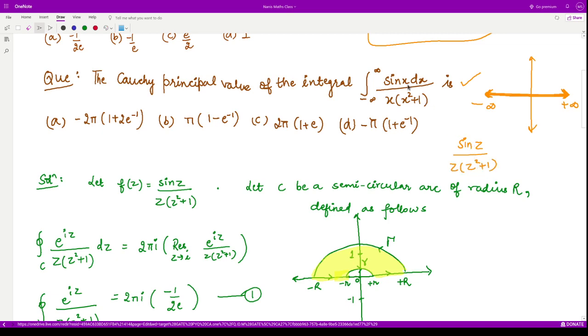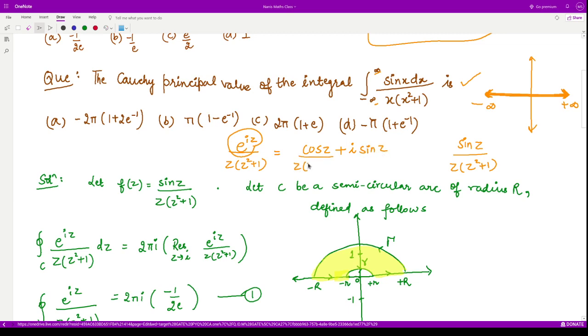Now whenever you have any kind of integral with limits from minus infinity to plus infinity and you see a sine z or cos z appearing in it, you can take the integral of e to the power iota z over whatever term is present in the denominator, so that in the end you can replace e to the power iota z by the expression cos z plus iota sin z.